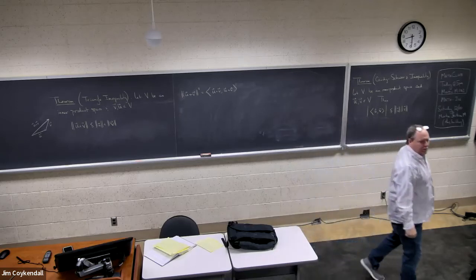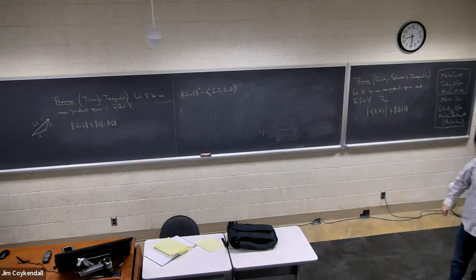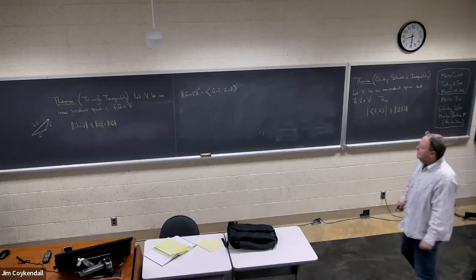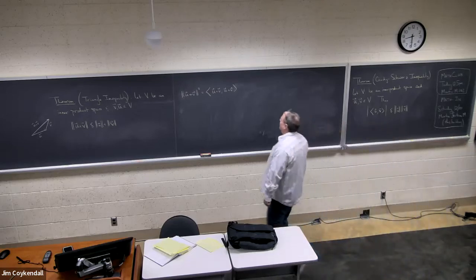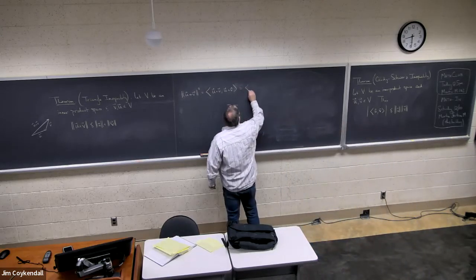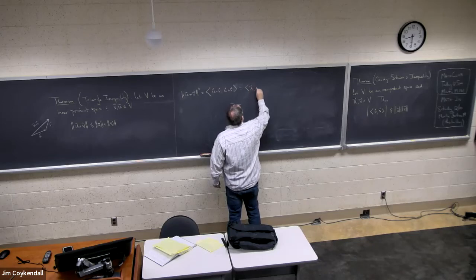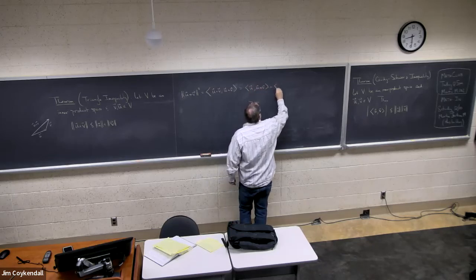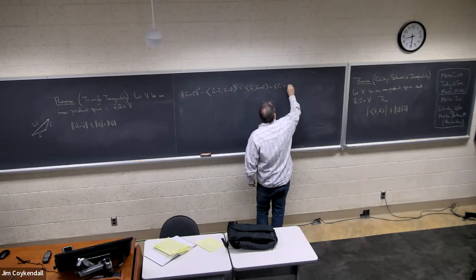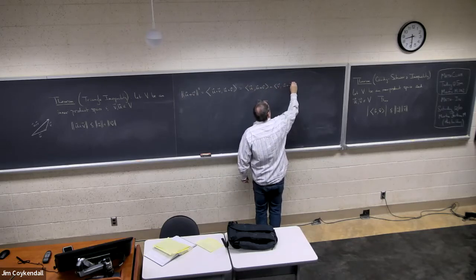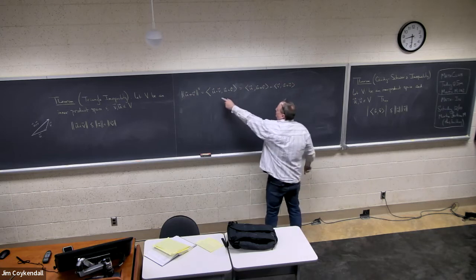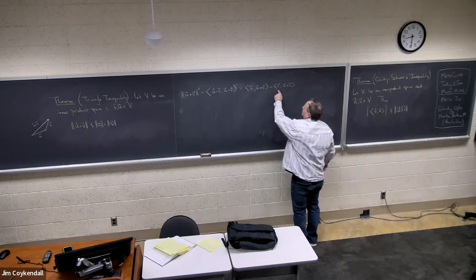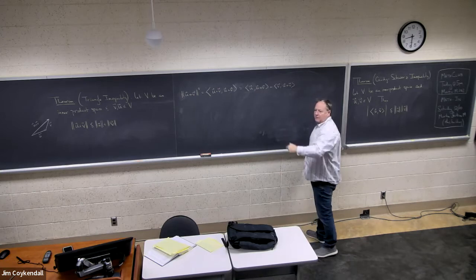The length of U plus V squared is just the inner product of U plus V with itself. Right? Let me break this up a little bit. I can split this up over the first term. But now I can take each of these two little pieces and split them up.